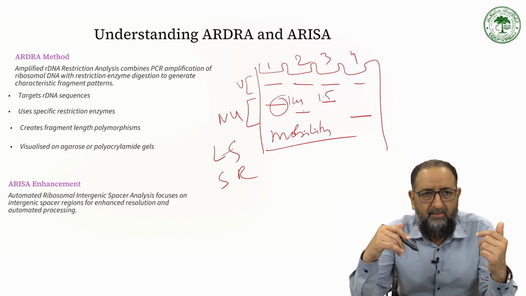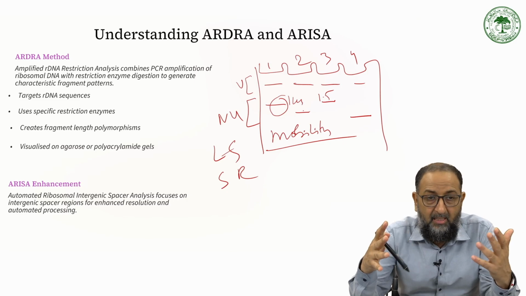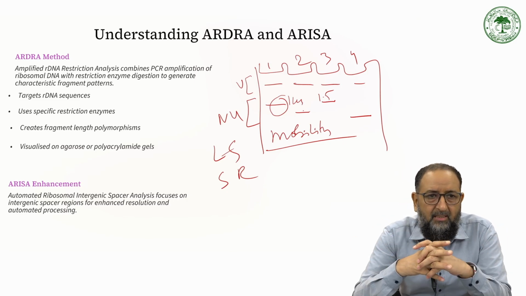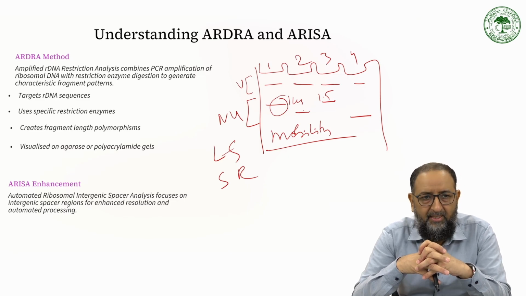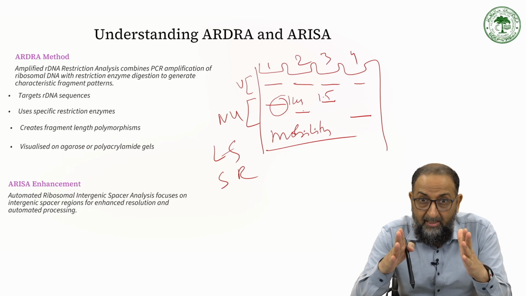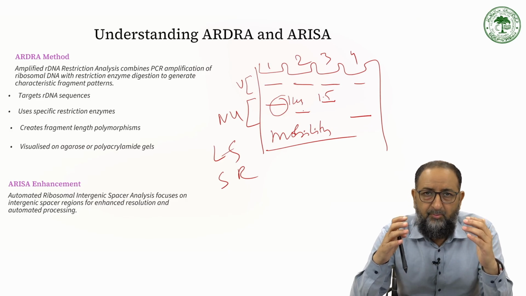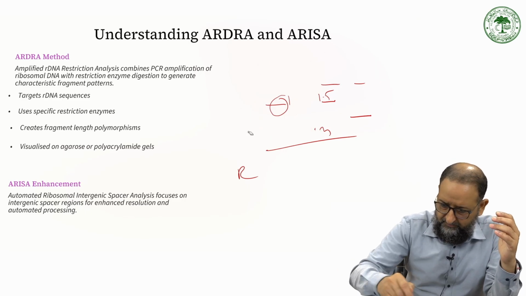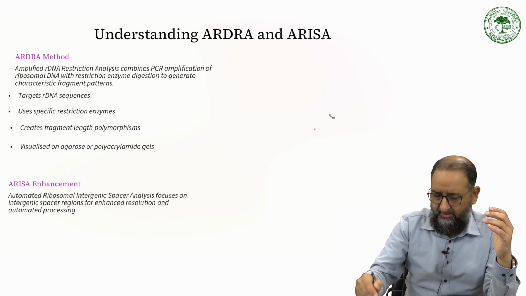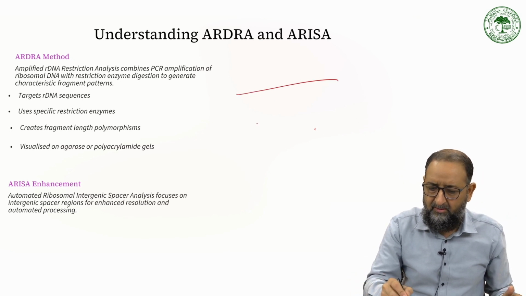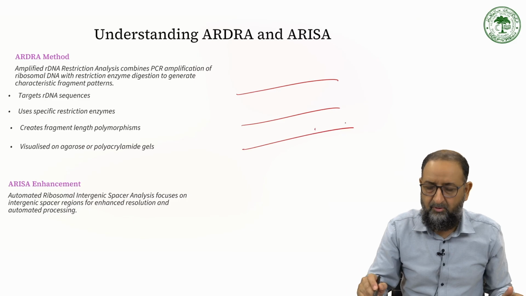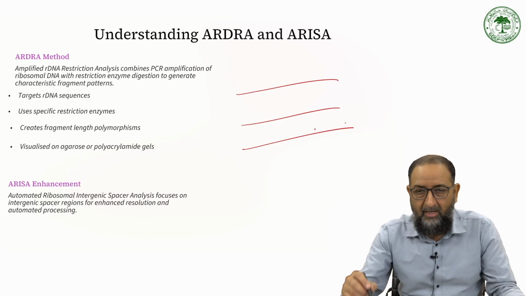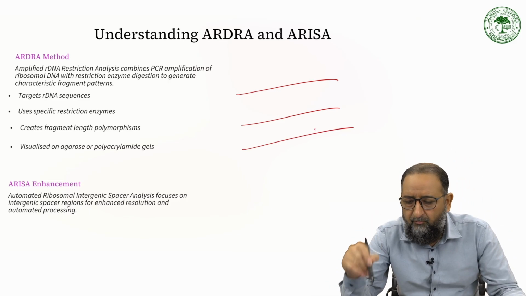Now what is happening here in ARDRA? I call it a marker as well as a technique. The target rDNA sequence was amplified. You have to use a specific restriction enzyme. Once you get a sequence, you use a specific restriction enzyme. For example, this is one fragment, this is another fragment, this is another fragment, all from the same individual.